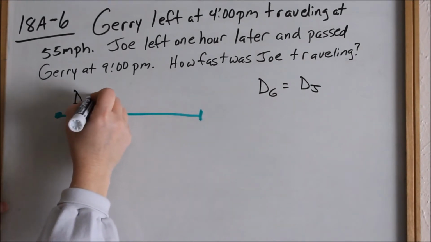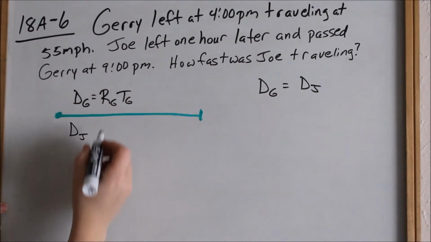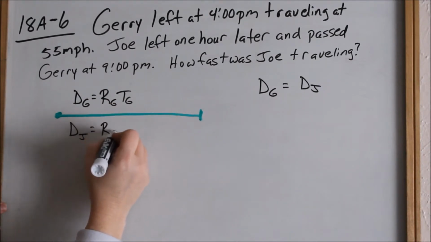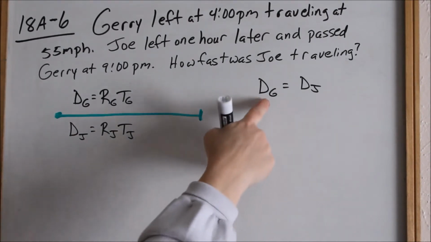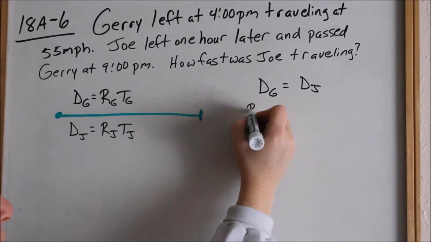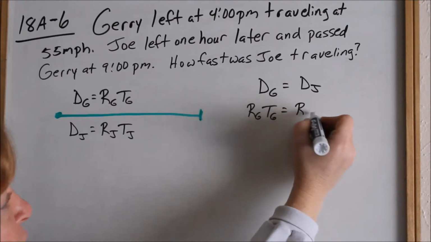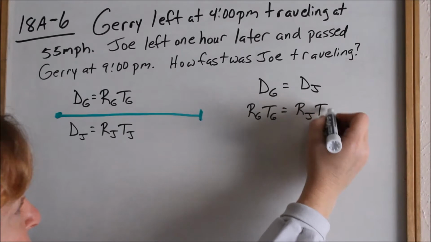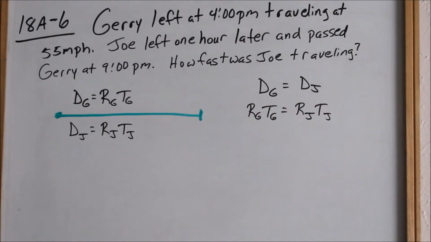Jerry's distance has a rate times a time, and Joe's distance has a rate times a time. So we can replace Jerry's distance with his rate times time, and Joe's distance with his rate times time. Now let's look at the rest of the information in the problem.